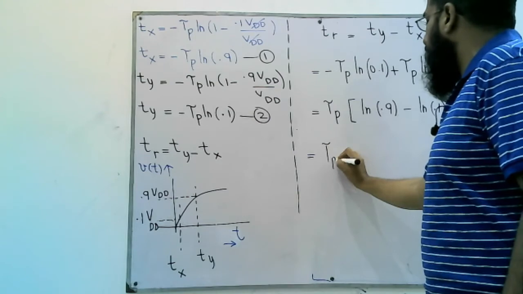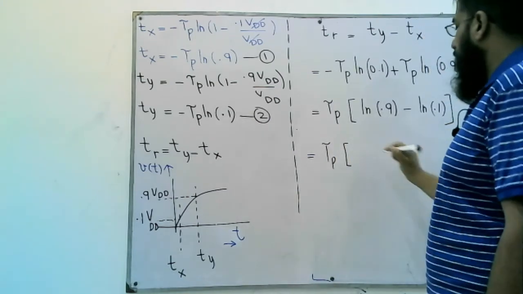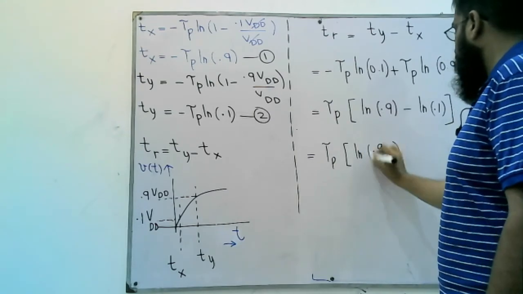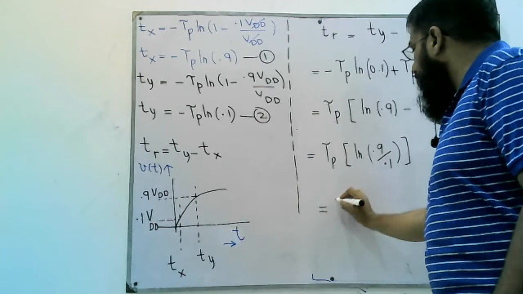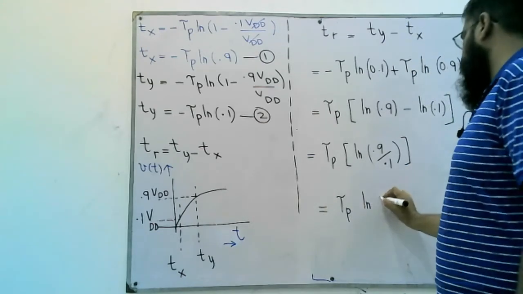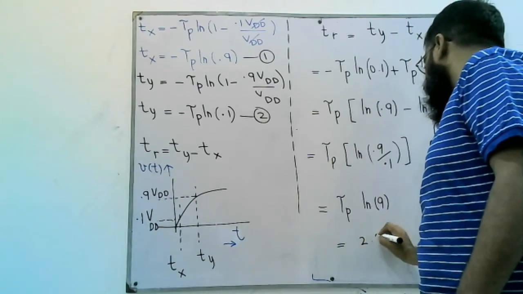So now we'll apply that log of a minus log of b is log of a over b, so log of 0.9 over 0.1. Okay, tau p times log of 0.9 over 0.1 is log of 9. Log of 9 is 2.2.